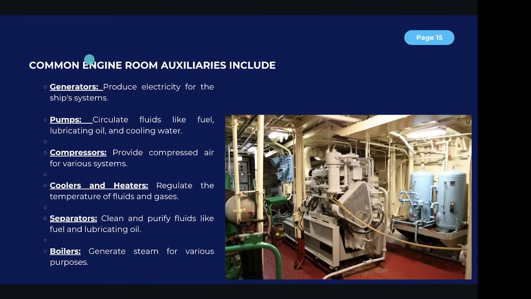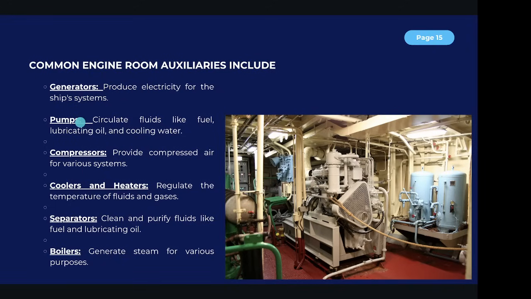So I have here a list of the common engine room auxiliaries that you can find. First is what we call the generators. As I said, the generator produces electricity for the ship's systems.